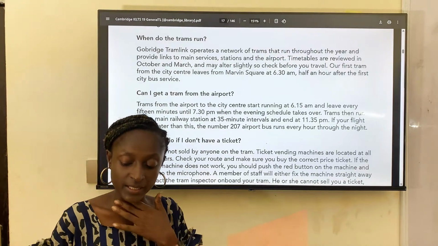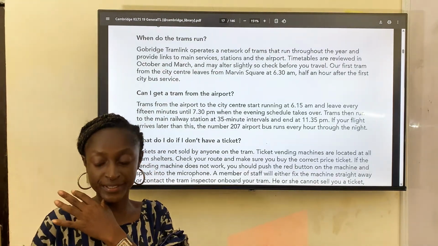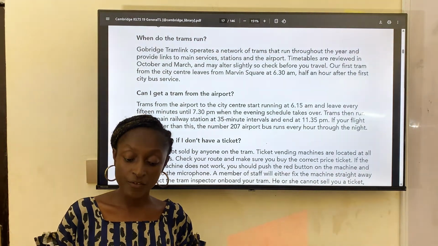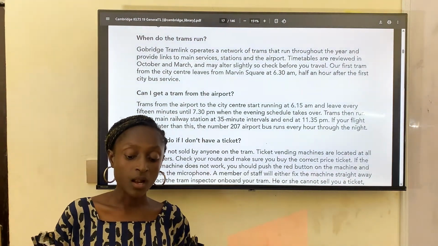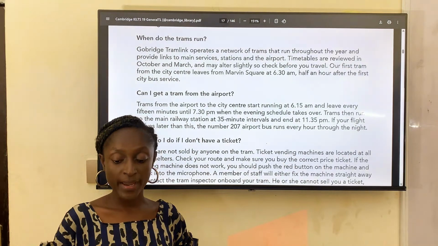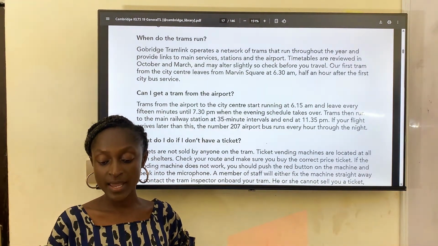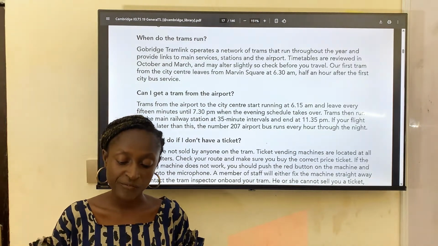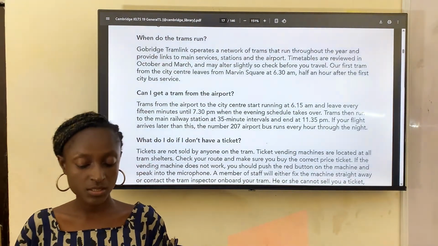Let me take that again, more slowly this time. Our first tram from the city center leaves from Marvin Square at 6:30 a.m., half an hour after the first city bus service.